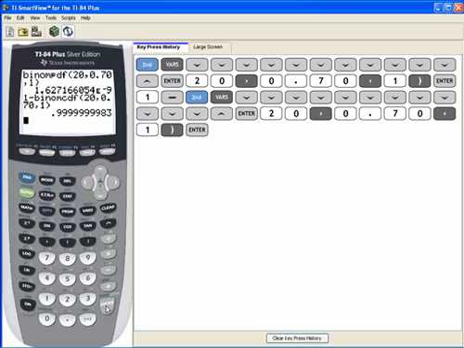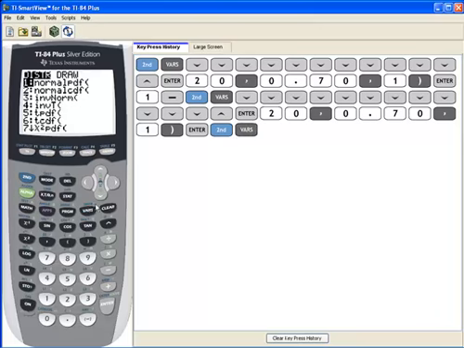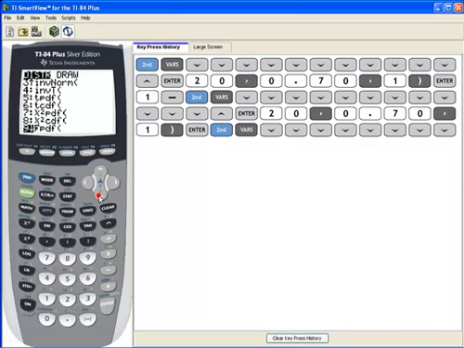The CDF is a running total. It sums up the probabilities. So I'm going to again go to my distribution menu and arrow down to binomial CDF and put in the parameters.